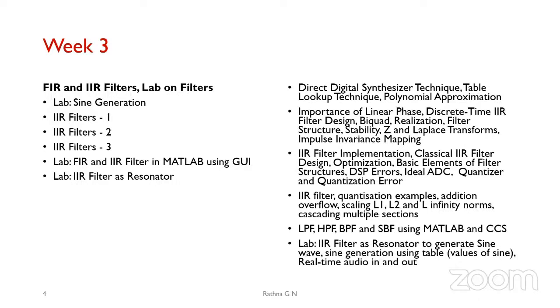As we know, an FIR filter is stable, whereas an IIR filter can become unstable if you have not designed it properly. So we have seen the quantization effects. When we use the direct form and do coefficient quantization, the system can become unstable.